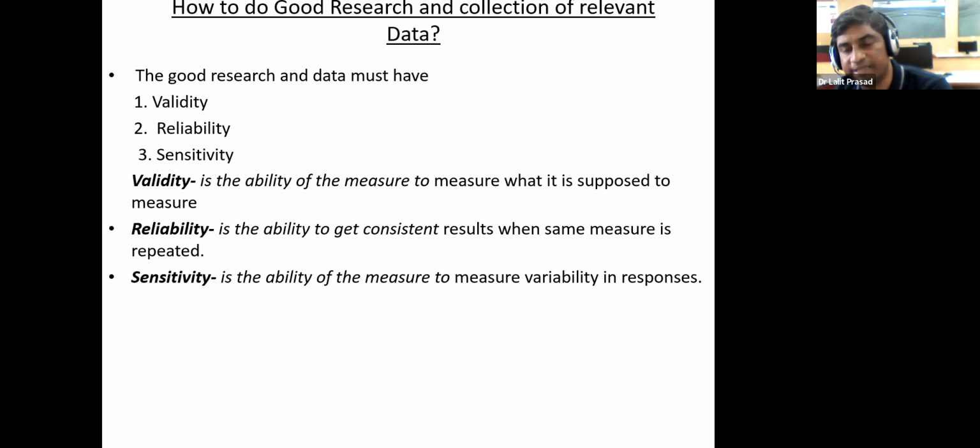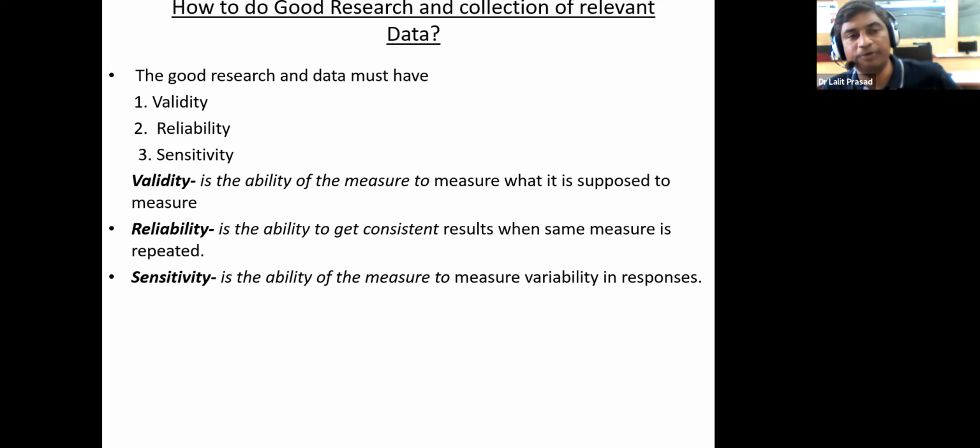Accordingly, if certain changes are required, then you can do that. But if you are making your own questionnaire, then you have to see that the validity and reliability should be there. There are so many types of validities: face validity, discriminant validity, content validity. But the ultimate definition is, it is the measure of what it is supposed to measure.